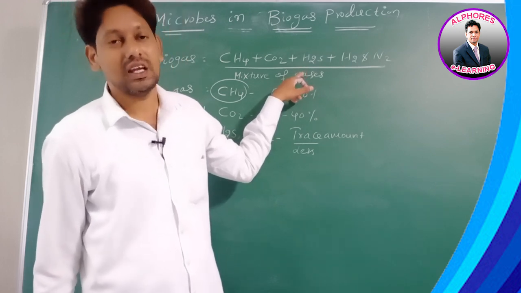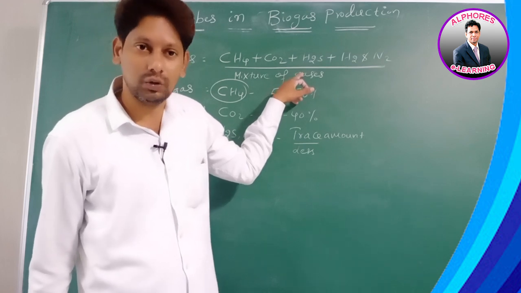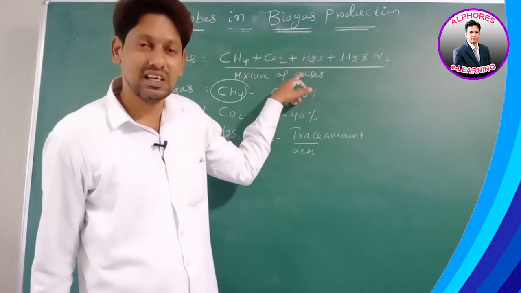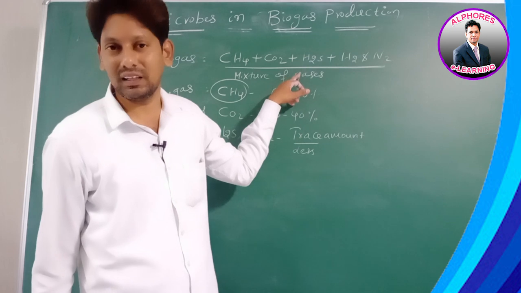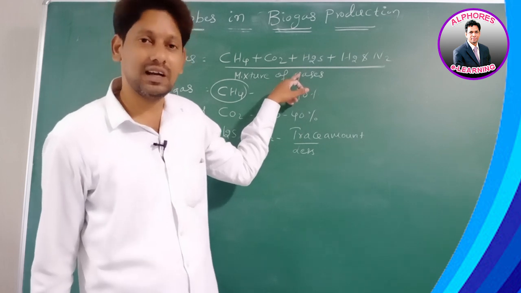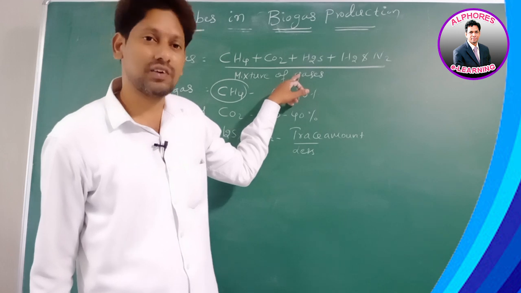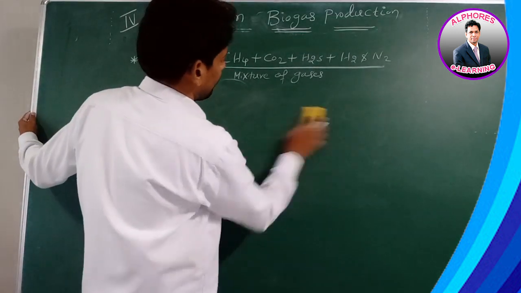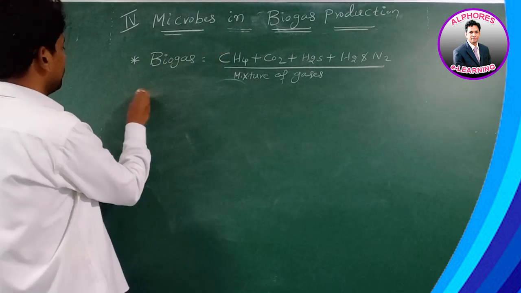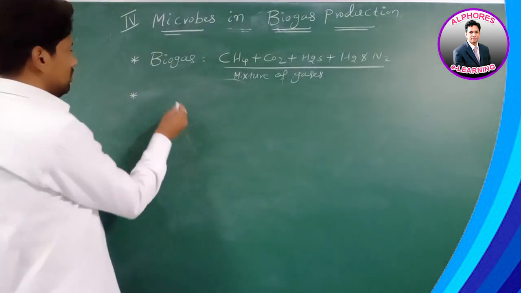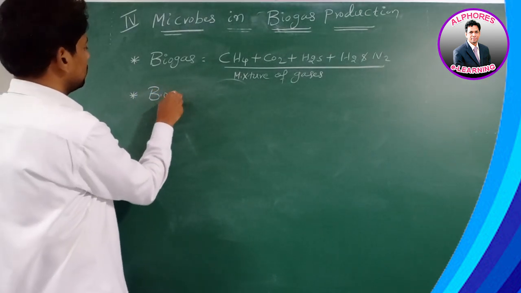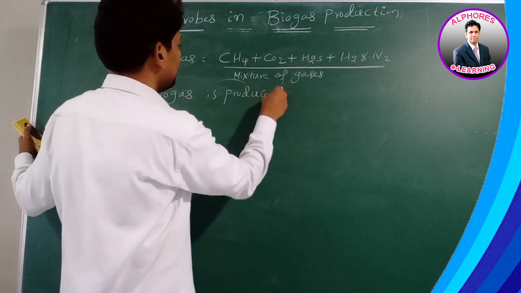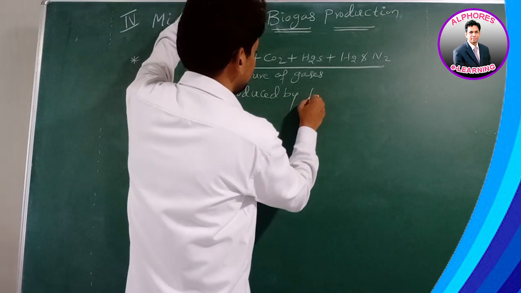A microorganism during its growth and metabolism produces different types of gases as end products. Who? Microorganisms. When? During growth and metabolism. What do they produce? Different types of gases. Therefore, biogas is produced by microbial activity, right?